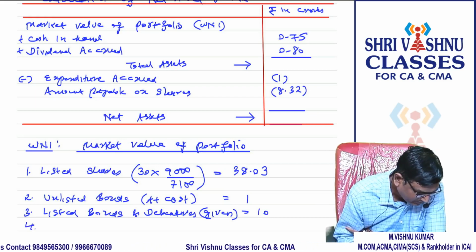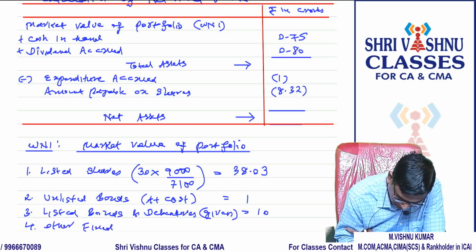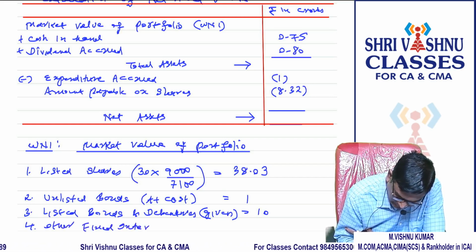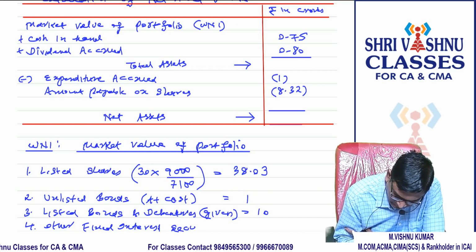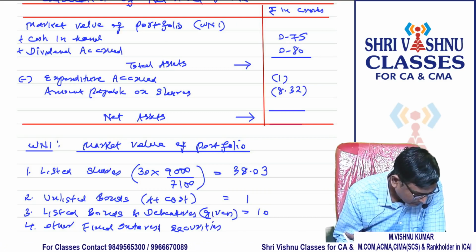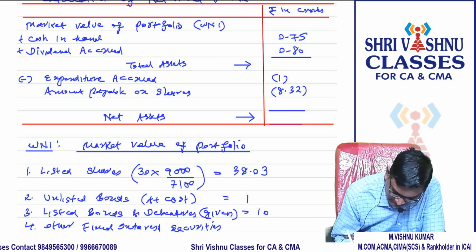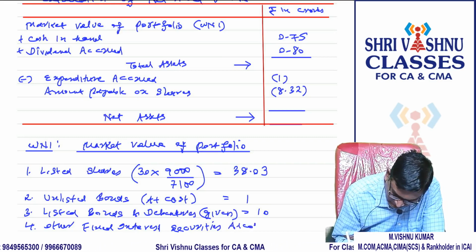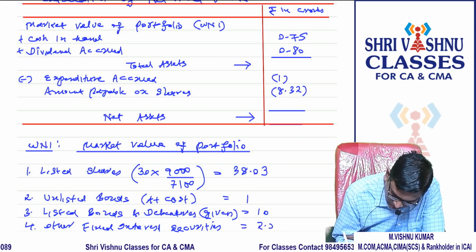Next, other fixed interest securities. Other fixed interest securities is also at cost. So at cost, so 2.5.